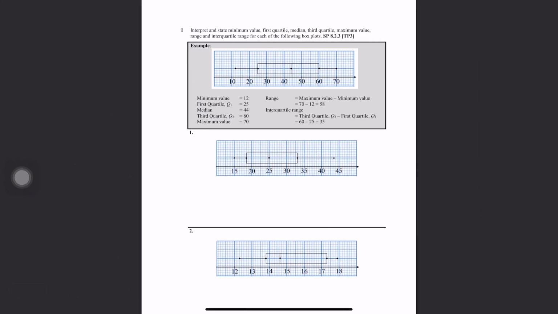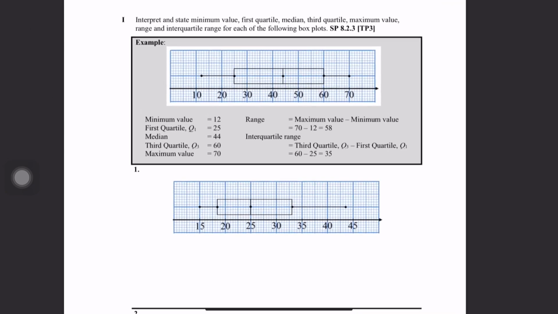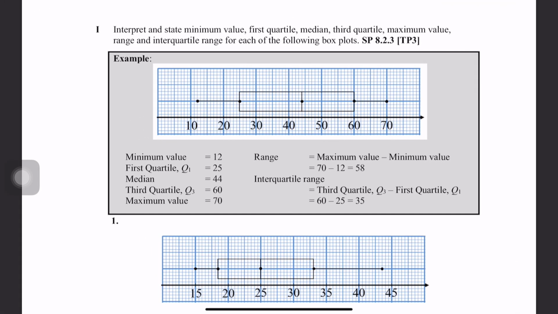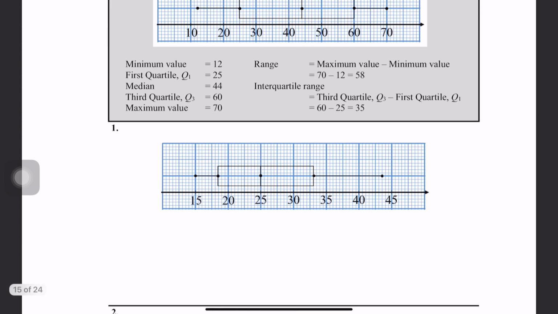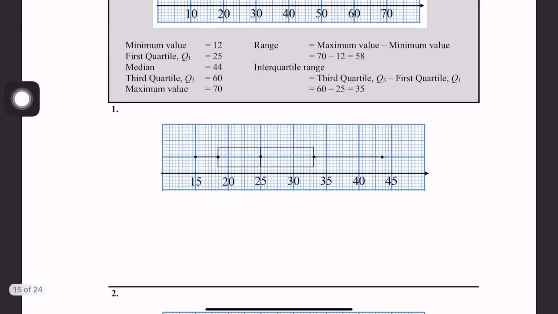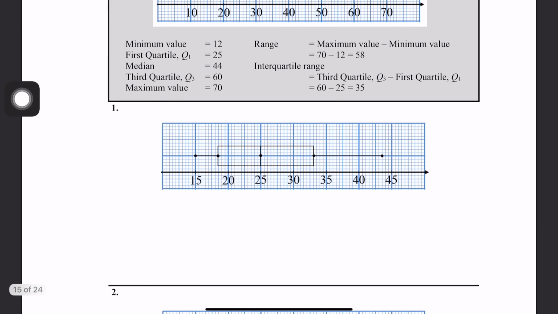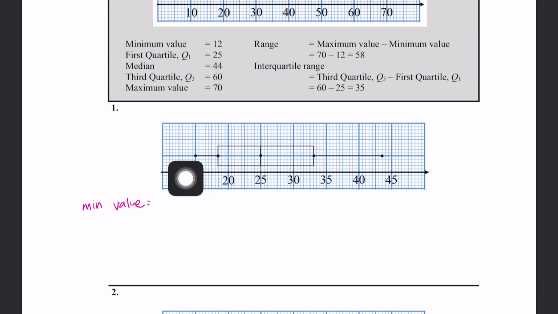Next, when you have a box plot, you need to interpret the box plot. So let's look over here. This is the thing that you need to find. So we do together number 1. We want minimum value. Minimum value is the most left one, so 15.